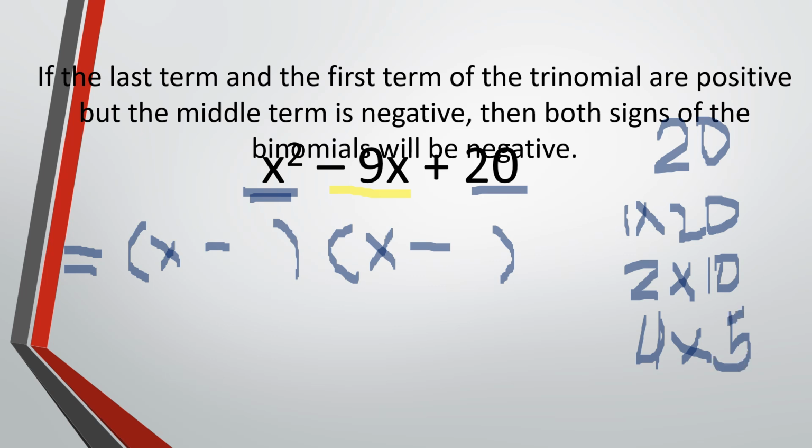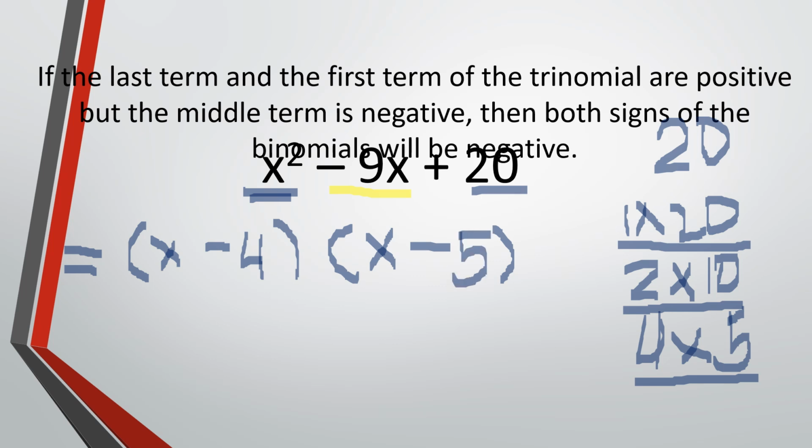Again, the product of these numbers is 20. However, among these factors, we will find one pair in which the sum is 9. If you have 1 added to 20, the answer is 21. If you have 2 added to 10, the answer is 12. But if you have 4 added to 5, the answer is 9. Therefore, we have here 4 and 5.